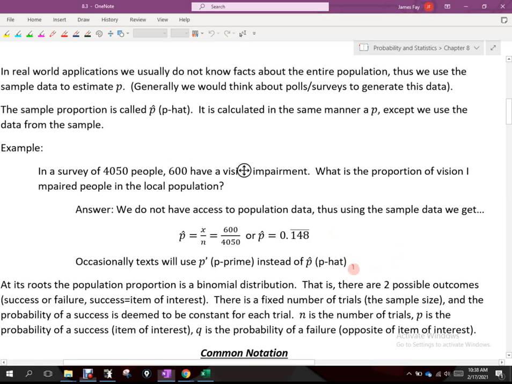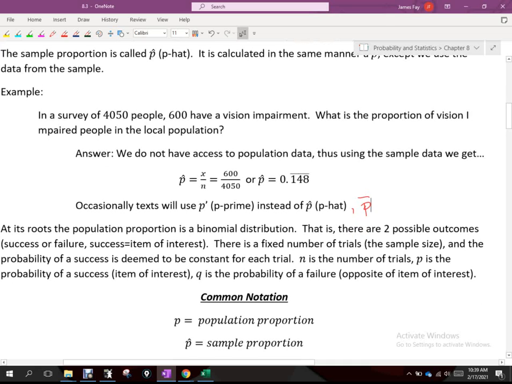Regardless, there's a differentiating feature to show that P hat, prime, or bar is different than just P. Does that make sense? It indicates that we're dealing with the sample proportion and not the population proportion.